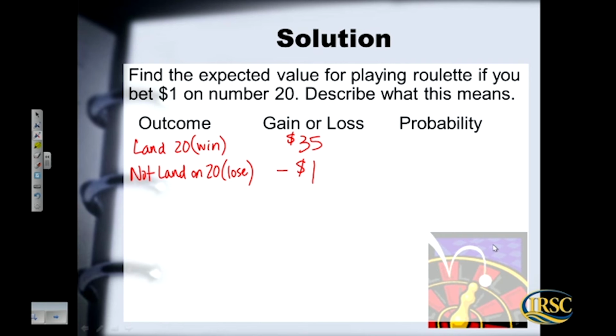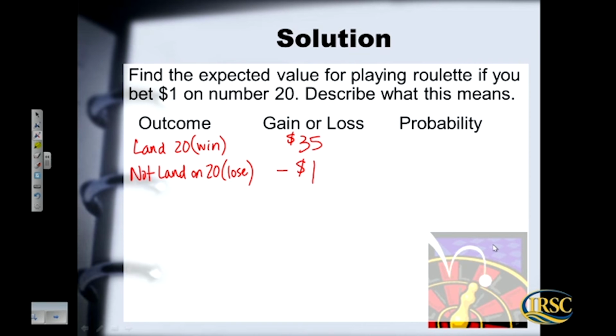What is the probability of landing on 20? One out of 38 is correct. Good. You had to read the problem carefully because it says it could either land on 20 or any of the other 37 slots. So how many total possible outcomes are there? 38.